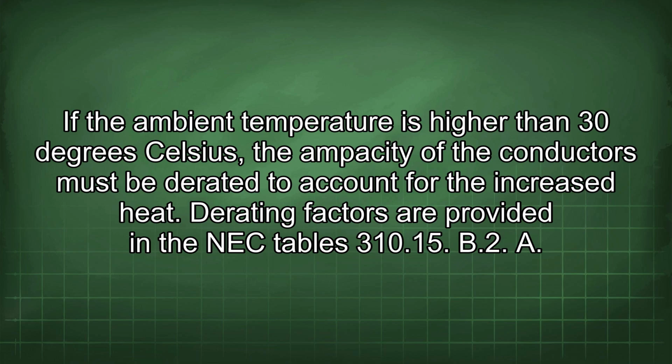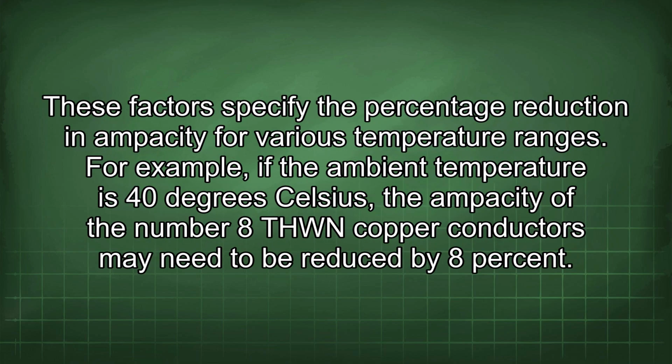Derating factors are provided in NEC Table 310.15. These factors specify the percentage reduction in ampacity for various temperature ranges. For example, if the ambient temperature is 40 degrees Celsius, the ampacity of the number 8 THWN copper conductors may need to be reduced by 8%.